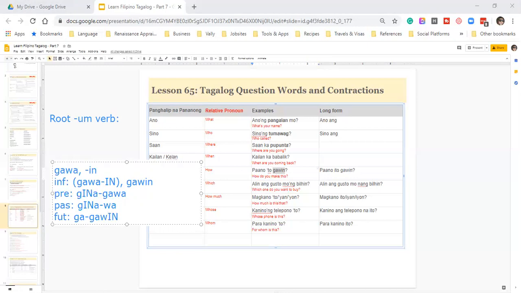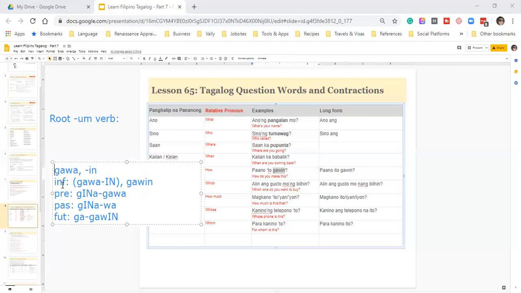Whenever you see a suffix in a root word, especially infinitive and future, it means that is a benefactor, because benefactor focus is very distinct in that they have suffixes. In a normal OFV, I'll show you what I mean.